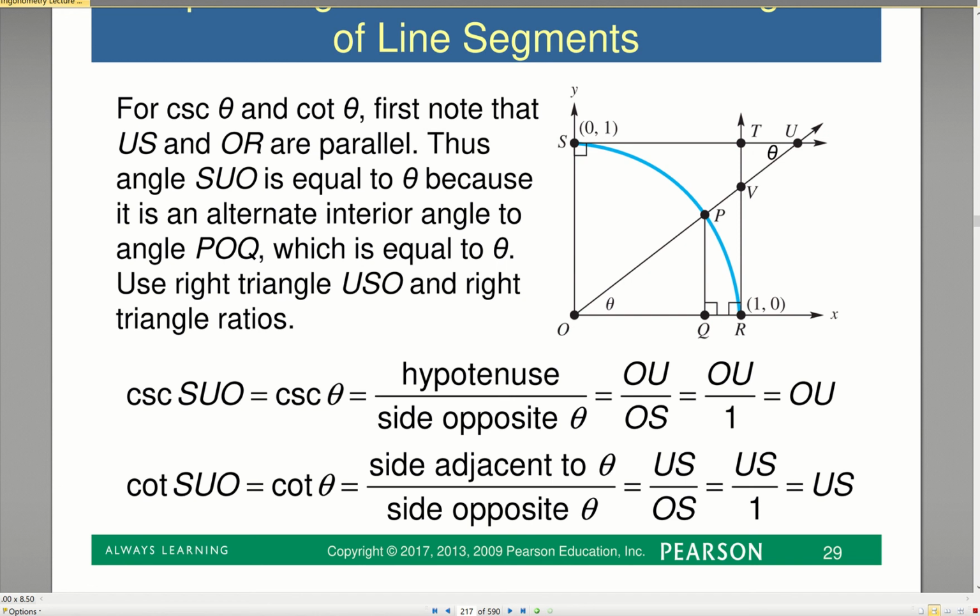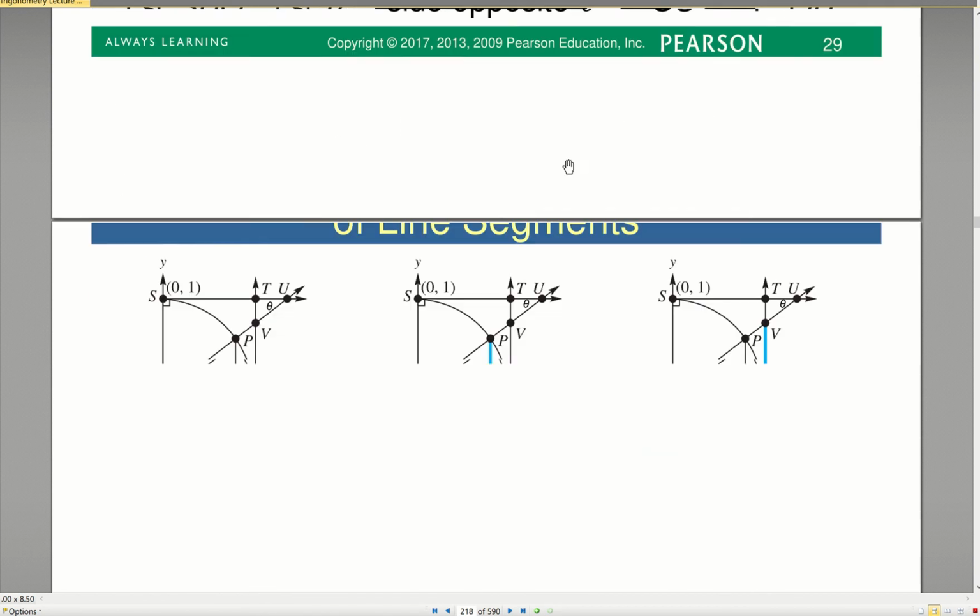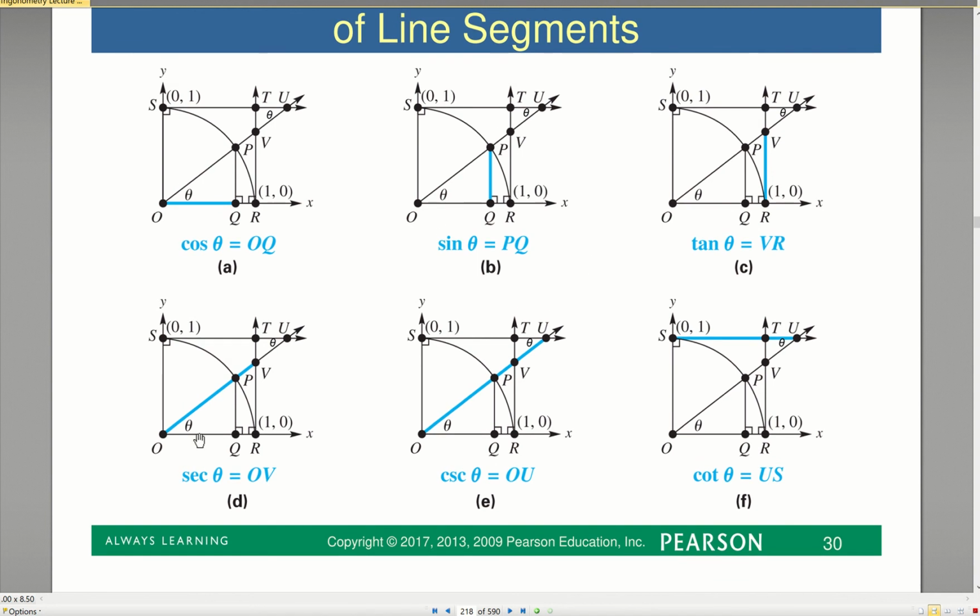And for cotangent, which is adjacent over opposite, for this angle, what's the side adjacent? US or SU. That's the length, we mean, of the side, of course, over OS, which is the side opposite that angle theta. So we get US over 1, which is just US. So in this nice way, you can state the length of each of these segments drawn in blue using one of the trigonometric functions.